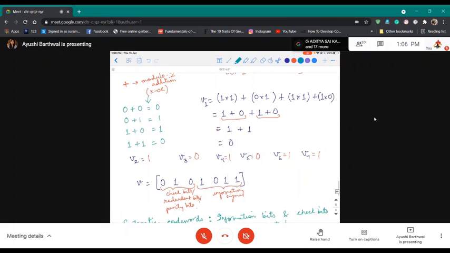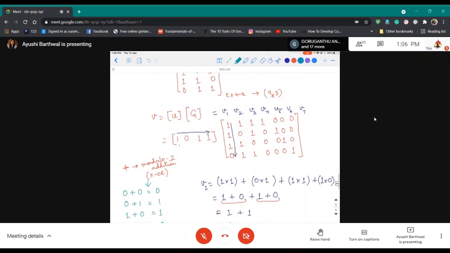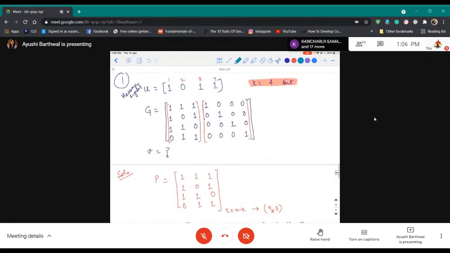And you can see from here in this code word, you are getting the information signal in the last 4 bits, because in the generator matrix, the identity matrix was present in the second portion after the parity bits. So the order of the identity matrix was 4 cross 4, that is k cross k, and the order of the parity matrix was 4 cross 3, which means it is k cross n minus k.